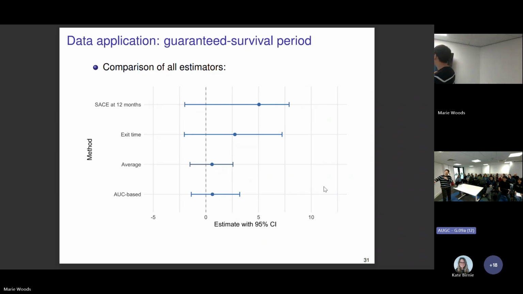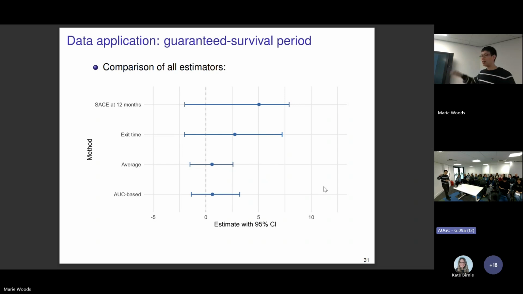If you only look at the SACE at 12 months, you would get an estimate that's a little bit larger than 5, which suggests that the treatment seems to have a pretty significant positive effect on quality of life. But remember, this is only applicable to the overall survivors at 12 months, which is the non-identifiable subgroup.